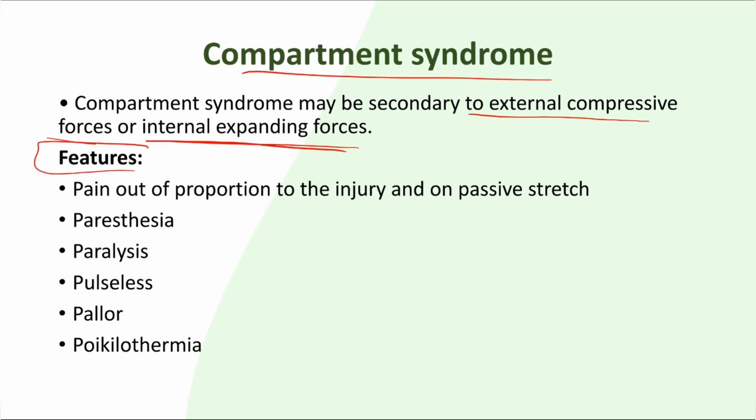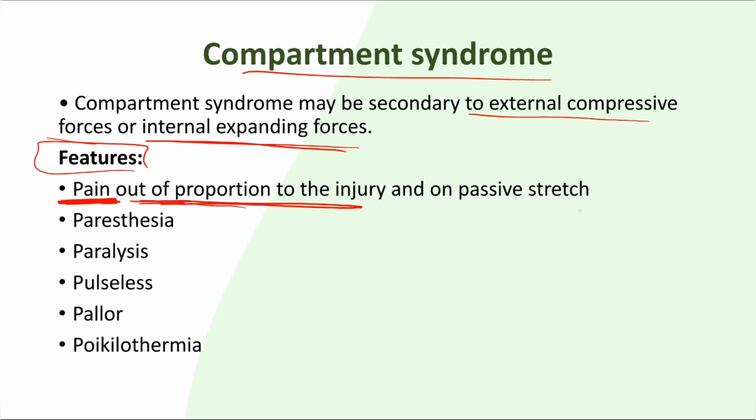So the features: the first and most important feature to recognize is pain. The pain is out of proportion to the injury. If you look, the swelling is not too much, but the pain is so severe that sometimes you do not believe that he is having so much pain.